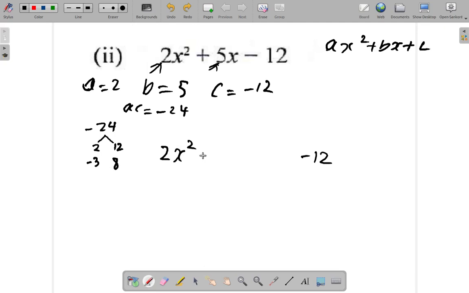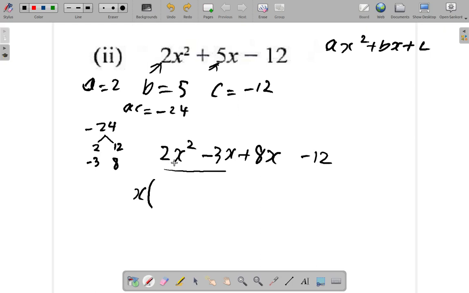You could put negative 3x plus 8x, or you could put 8x minus 3x. Doesn't matter. In fact, when I finish this question, you could redo this part again and put 8x in front. So you factorize this part of the expression and you have x as the common factor, right?